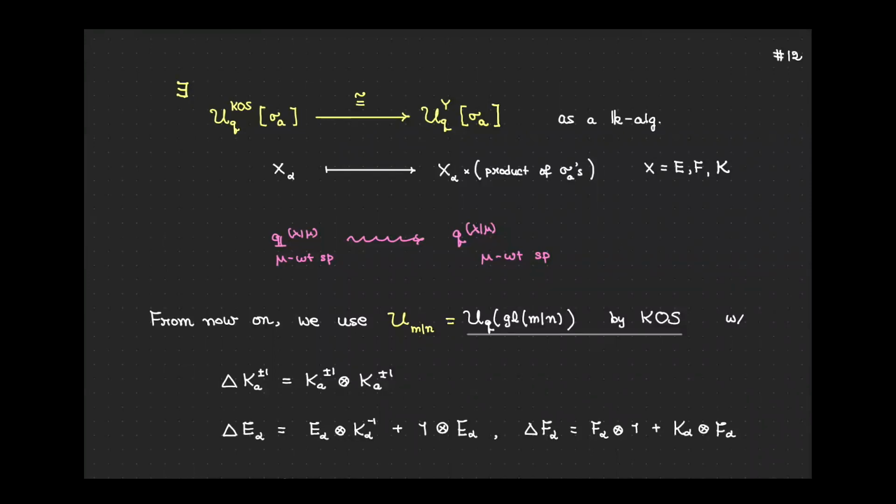Of course, I have to mention that under this isomorphism, if we pull back this co-multiplication to the right-hand side, then it does not coincide with the usual co-multiplication on Yamane's version. Equivalently, if we pull back the co-multiplication here, then it doesn't give the same co-multiplication. So somehow I used a different co-multiplication.